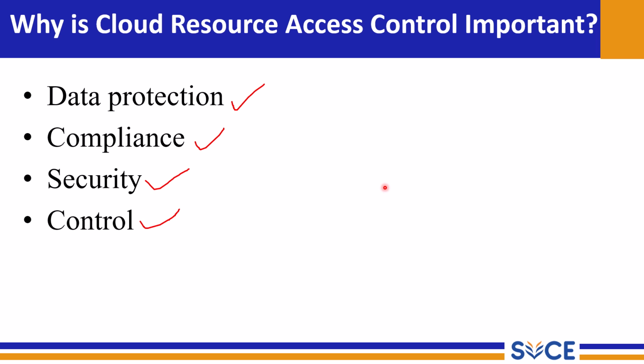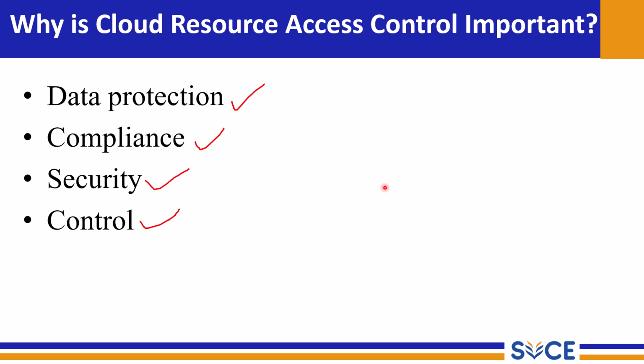Okay, so this is related to what kind of things you are going to use. And next is reducing blast radius. Take a compromised access token. If an attacker gains access to a cloud access token, they can do only what the token permits.